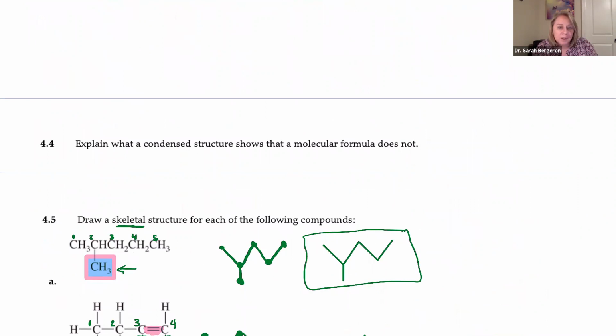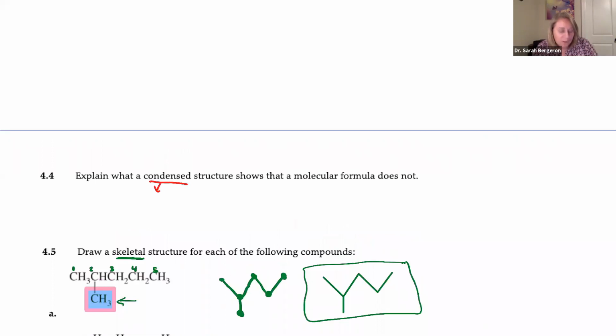Okay, 4.4. Explain what a condensed structure shows that a molecular formula does not. So now we're talking about the other 2 kinds of ways to draw things. So condensed is going to show me the arrangement of atoms.